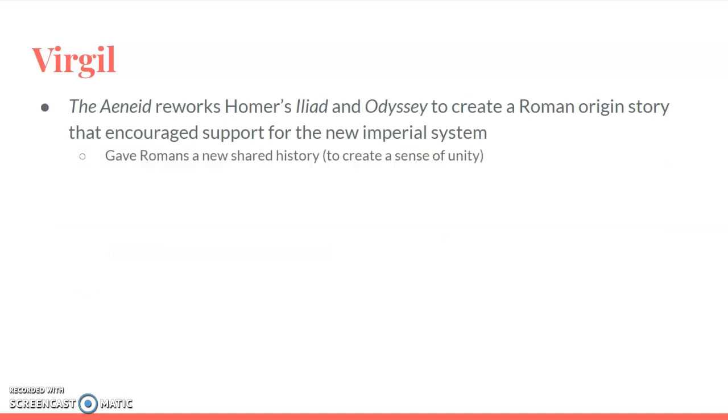And in fact, it really worked, and it worked on the Romans in a number of ways. So first of all, it gave Romans a shared history to create a sense of unity. So the idea was that Aeneas left Troy and founded Rome, which means that Rome is founded on this very manly ideal of fatherhood, and he does his duty to his people.